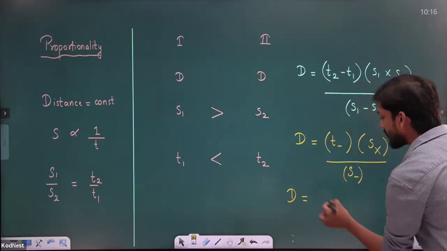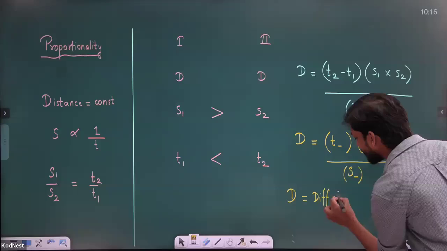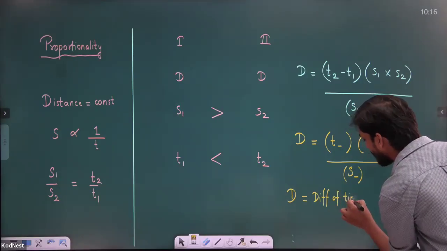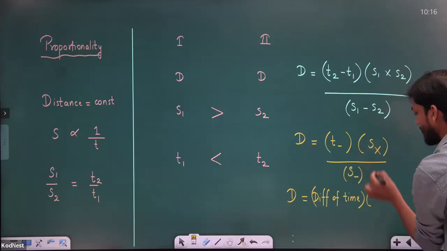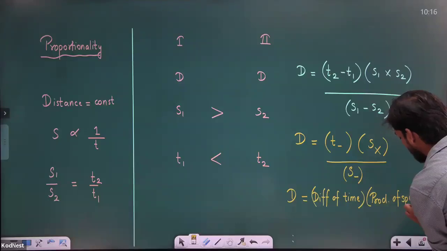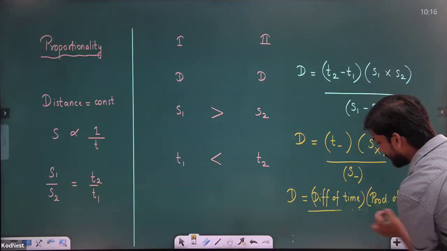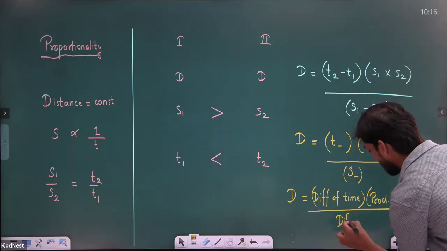Let me write it this way also. T minus is the difference of time. S cross is the product of speeds. And S minus is the difference of speeds.